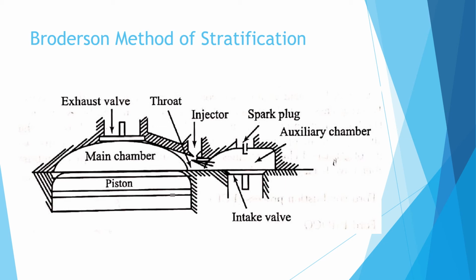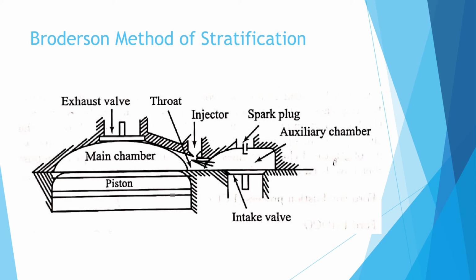It consists of an engine with a divided combustion chamber. The small or auxiliary chamber contains the injector, the intake valve and spark plug. Entire fuel is injected into the auxiliary chamber.